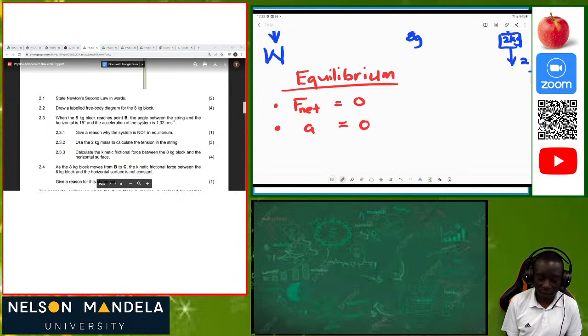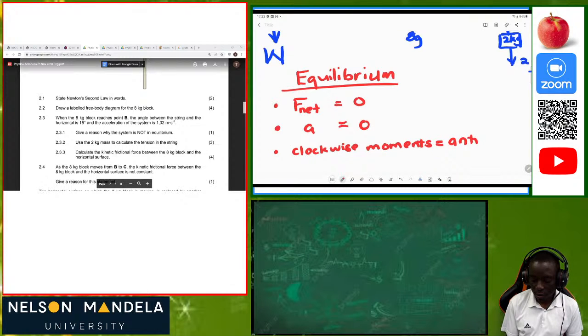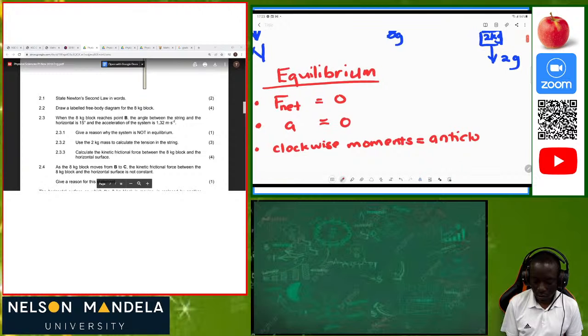So this can be linear forces. Also, if you remember moments, the clockwise moments will be equal to the anti-clockwise moments.